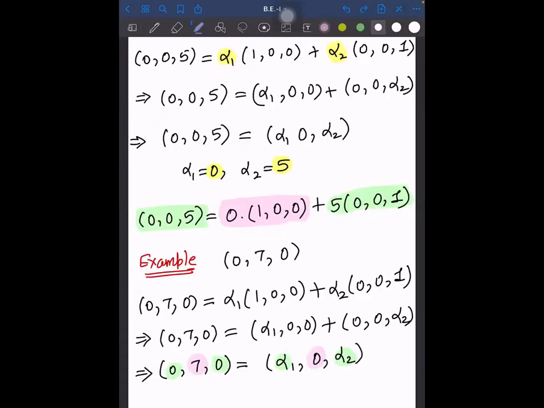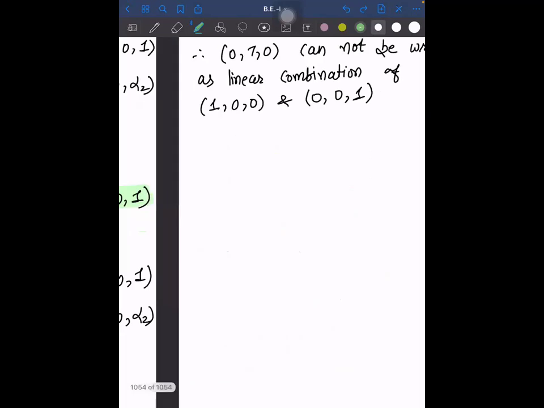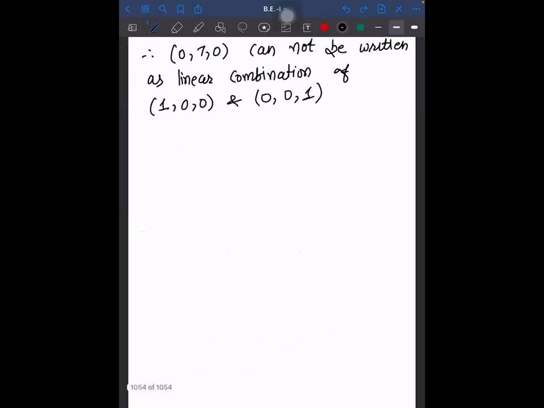See this. This vector is on the y-axis. And you see the other two vectors are on the z-axis and x-axis, right? Any combination of the z-axis and x-axis cannot provide us the y-axis, right? So the linear combination of these two vectors will always produce the xz plane, right? Let me draw this picture for you.